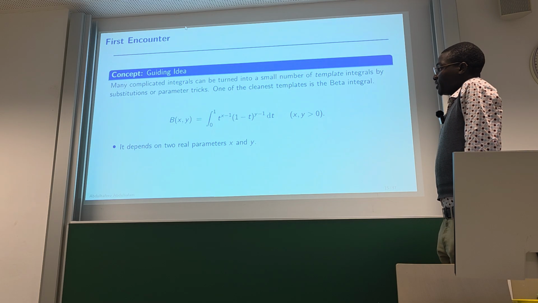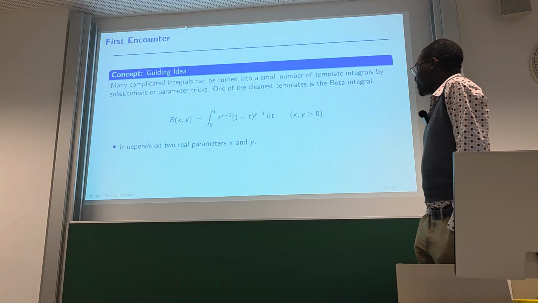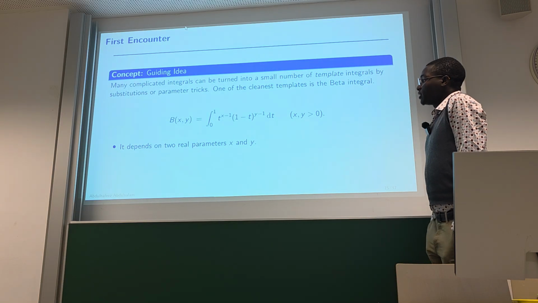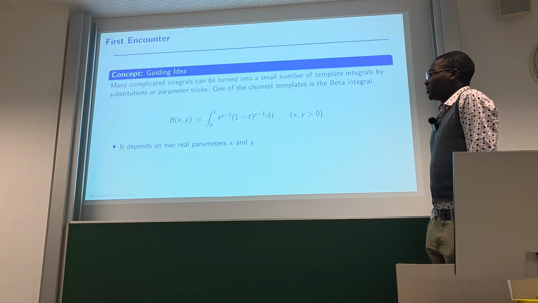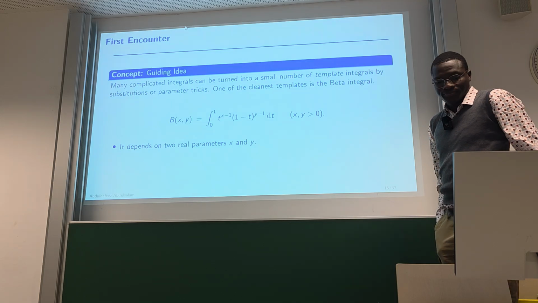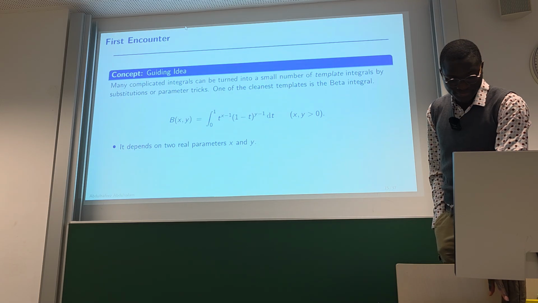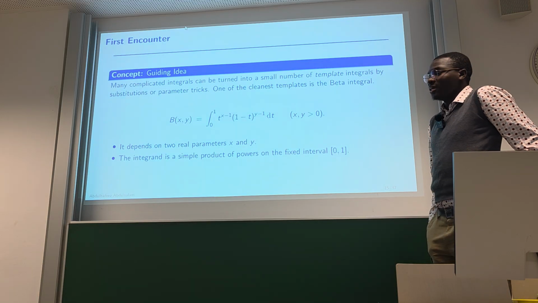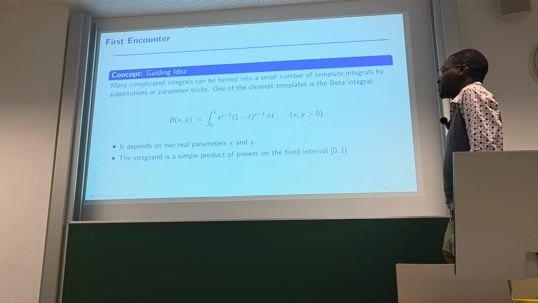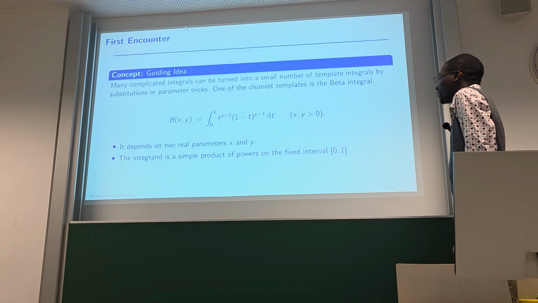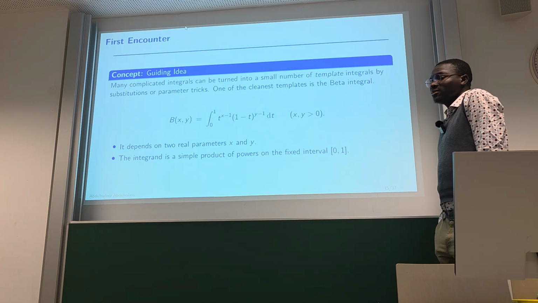Okay, what can you observe about this beta integral? One, it depends on two real parameters, x and y, which is very obvious. Two, the integrand is a simple product of powers on the fixed interval 0, 1.